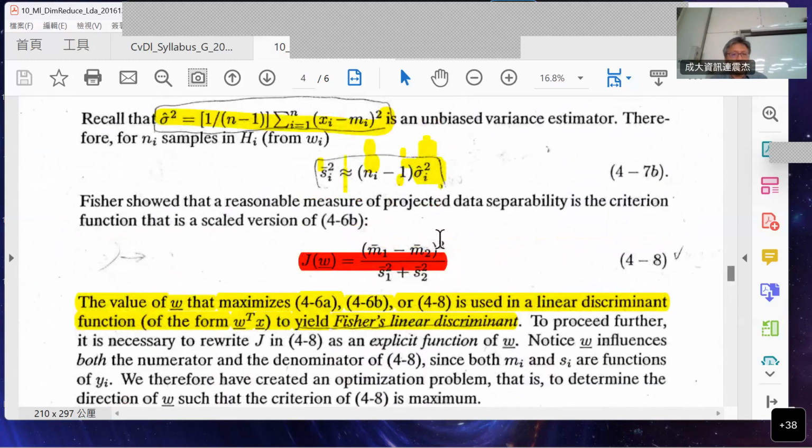I say again. This is the original, we call Jacobian, or original format.